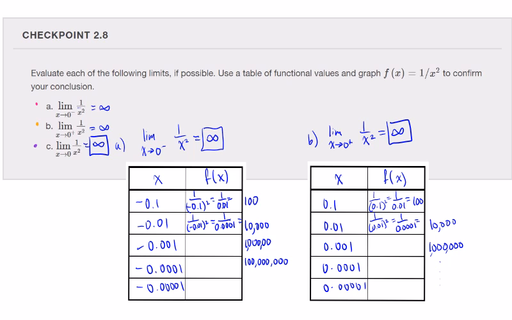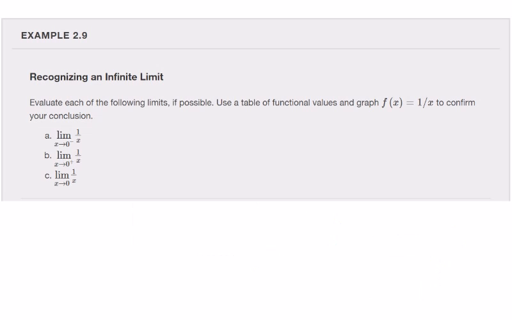And by the way, let me go back to the last one. I don't have the work here anymore, but just to confirm with the graph of this function 1 over x, and you've probably seen this before in Algebra 2, it looks like this.